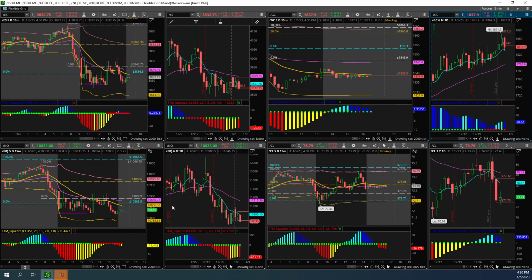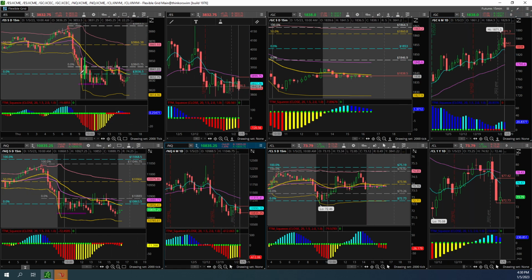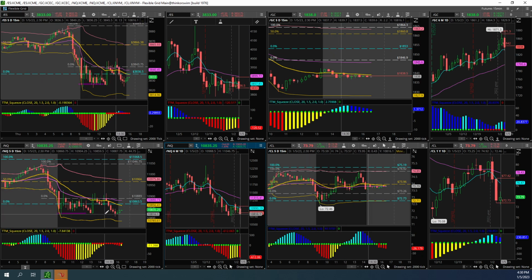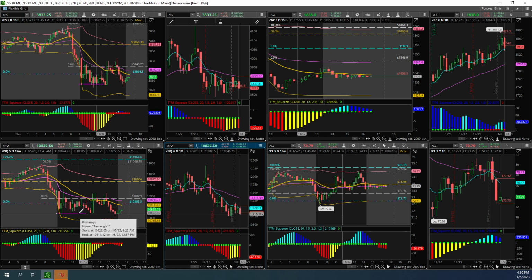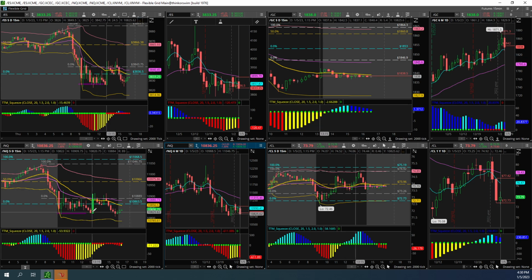And then NQ, very similar to ES. The market opened right here. This is the 15-minute range, and it never went. It tried to go down. See that rectangle I have there? So this one is a support area.